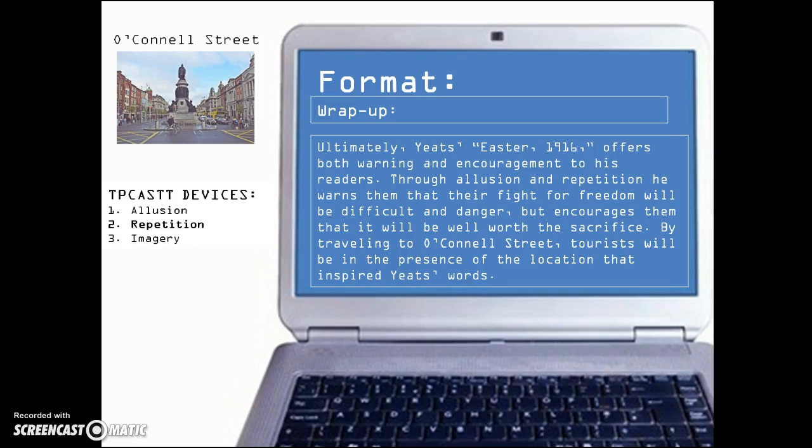By traveling to O'Connell Street, tourists will be in the presence of the location that inspired Yeats's words. Now, what's important here? Well, for starters, I transition to my wrap-up. You could write ultimately, in conclusion, in the end, most importantly. Then I make sure to restate my author and title.